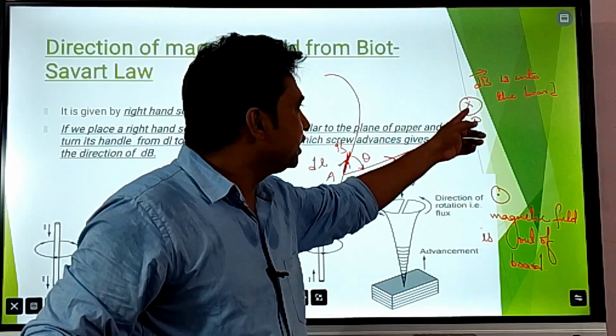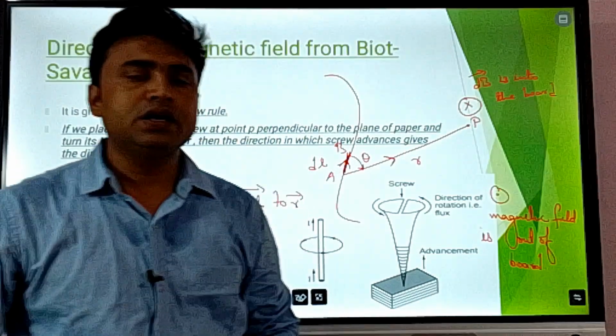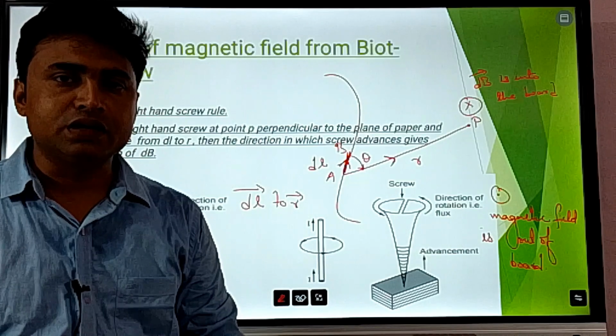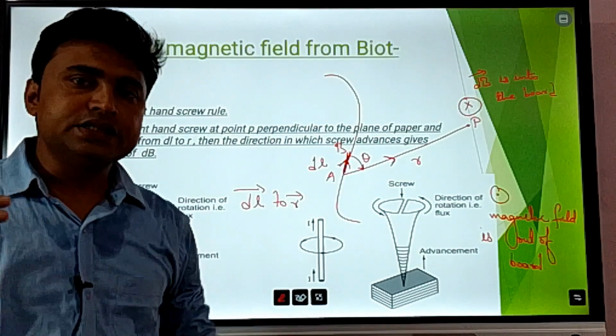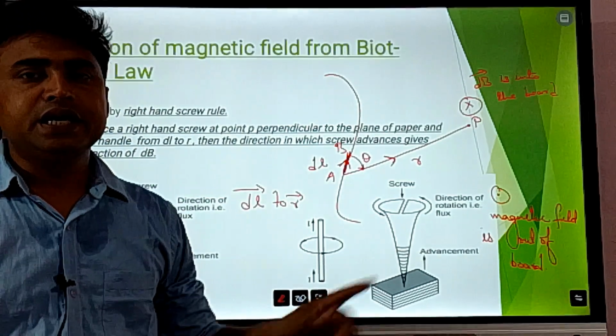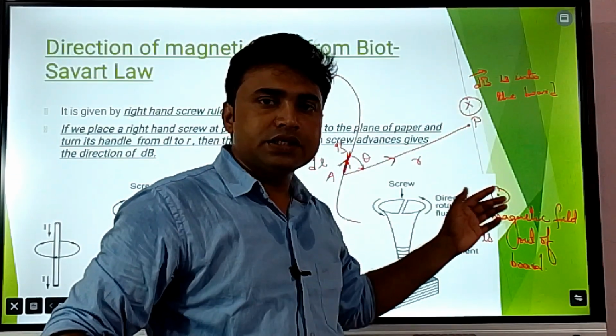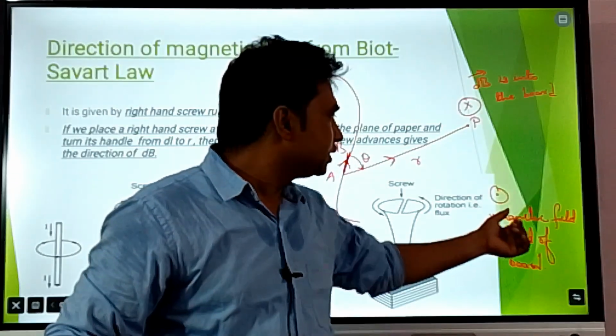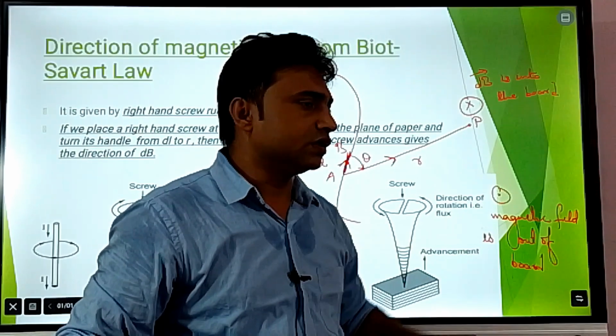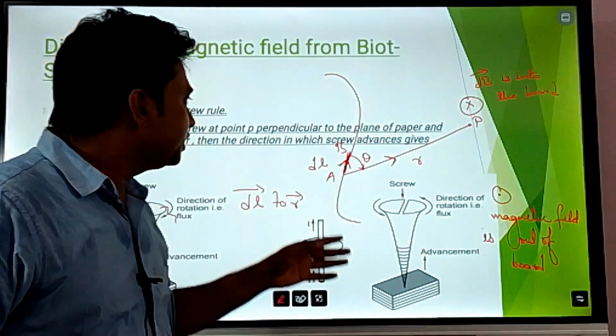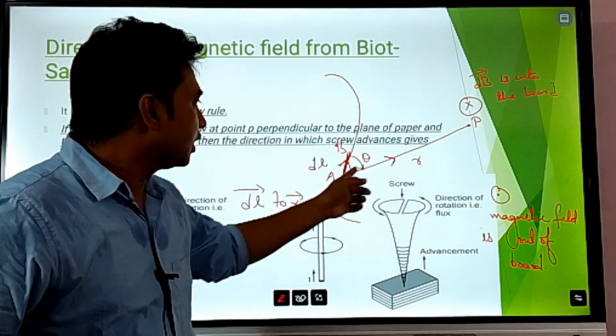So these are two representations used to denote the direction of the magnetic field. If the direction is inside the board or into the page, it is denoted by the cross sign, and if it is out of the page, it is denoted by the dot sign.